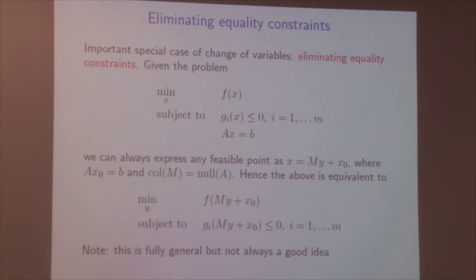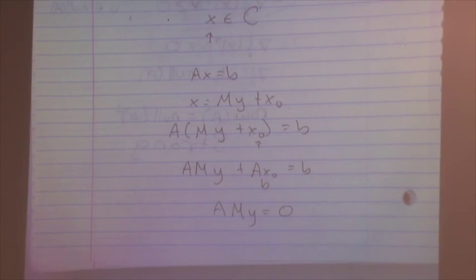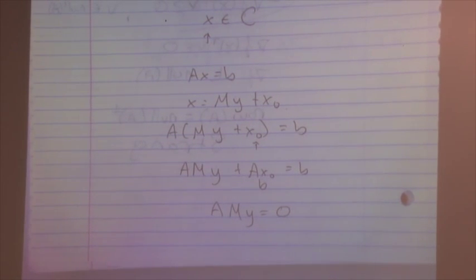If I let this be from the feasible set, then what I have is AMy plus Ax naught, which is b, equals b. So my requirement for M is that we get a column space, null space relationship. If I do this transformation, and I can always do it, then I can get rid of my equality constraints and still retain the same feasible set as I had previously.